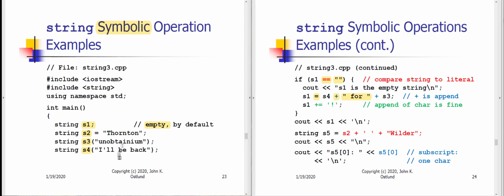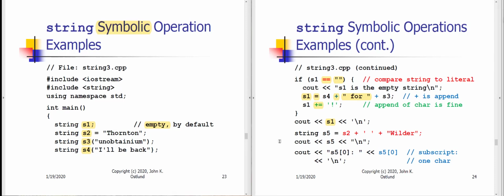S4 was I'll Be Back, and then I have space 4 space, and then S3 is Unobtainium. So S1 is going to end up getting I'll Be Back for Unobtainium. I also have an overloaded plus-equals operator that works with the string class, and so here I'm adding an exclamation mark to that as well, and then displaying the resulting message.